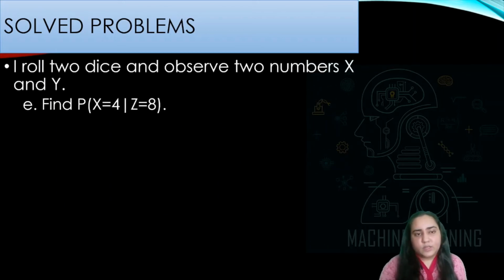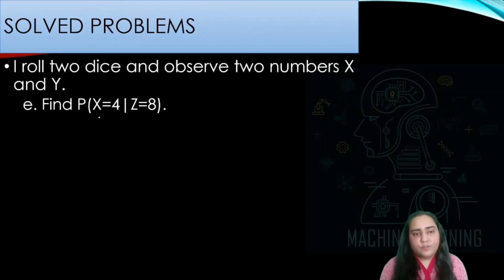Let's see what else you can calculate. Let's find out the probability of x equal to 4 given z equal to 8. For this kind of question, first of all, you can also verify your previous answers of the PMF by adding all the probabilities, and if you get a 1, then that means your answers are correct.